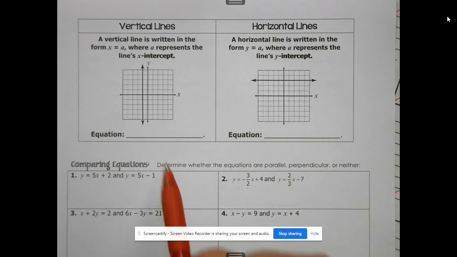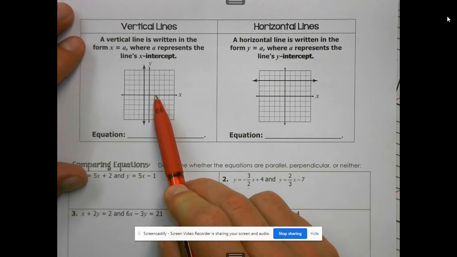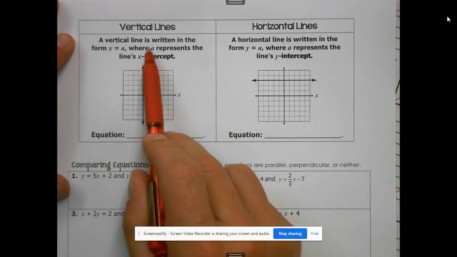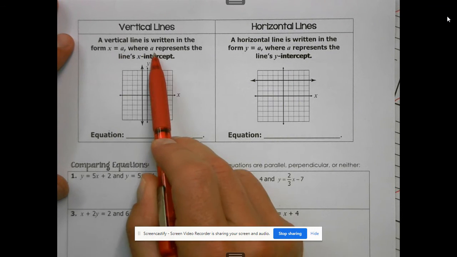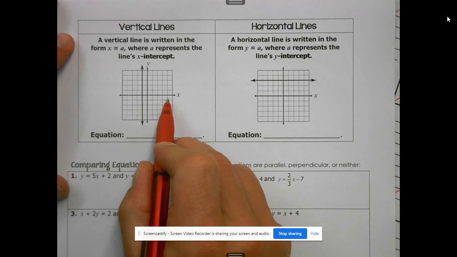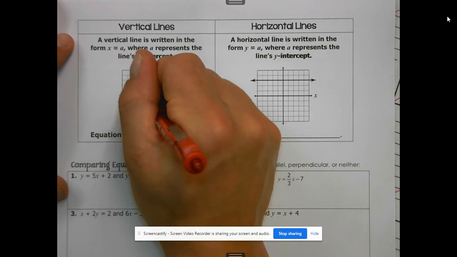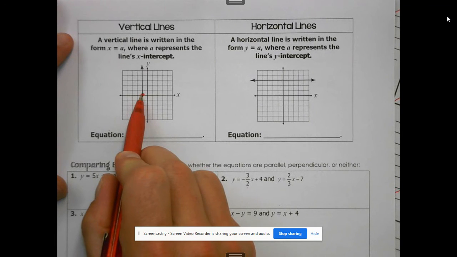All right, talking about equations for vertical lines and horizontal lines. It says this, a vertical line is written in the form x equals a, where a represents the line's x-intercept. So if you check out this line right here, the x-intercept is -1.